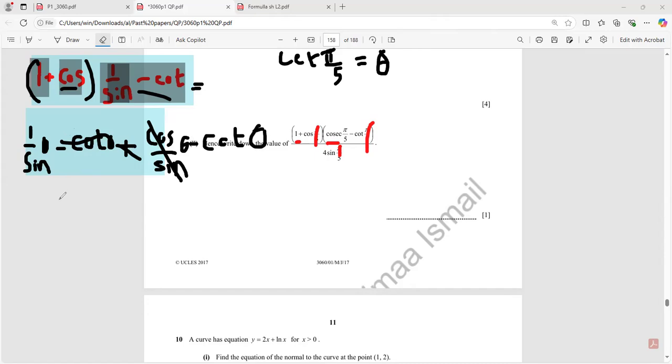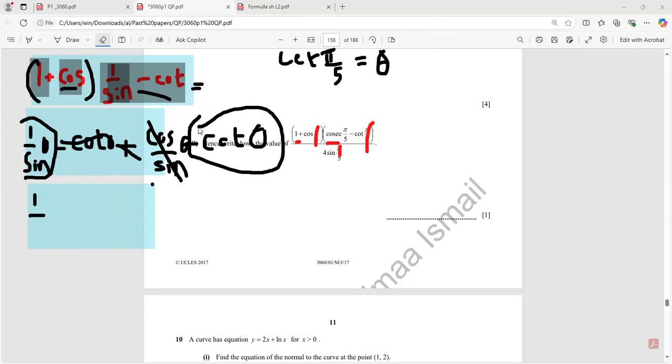Okay. Then remainder here. Here we have step number 3. Here we have 1 over sine minus cot. Then I'm going to change this cot to cosine over sine. So I remain with 1 over sine, and minus cot theta.